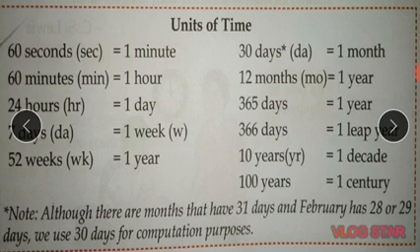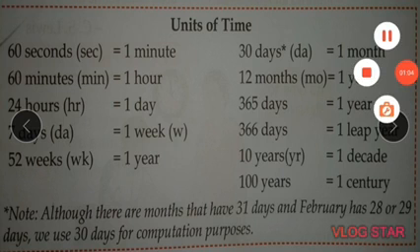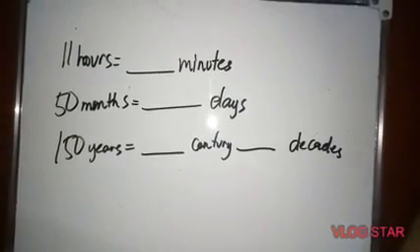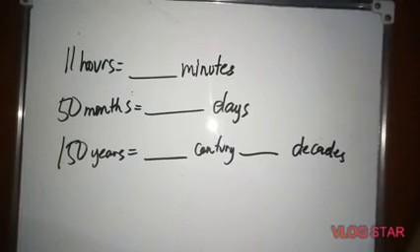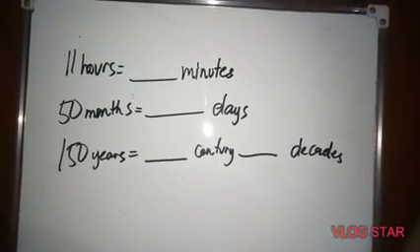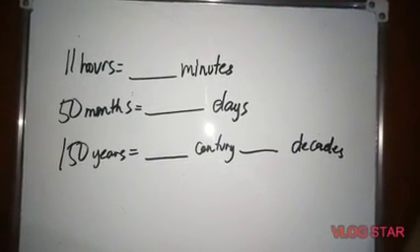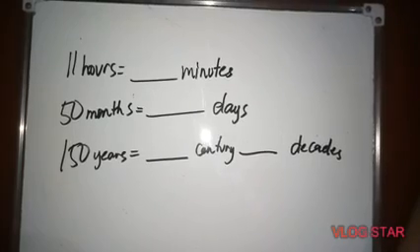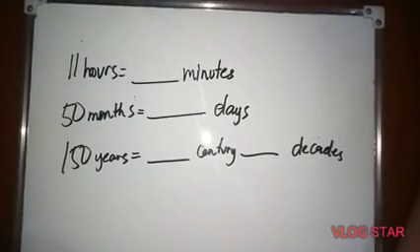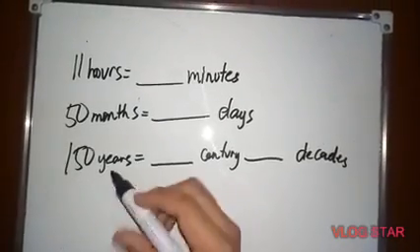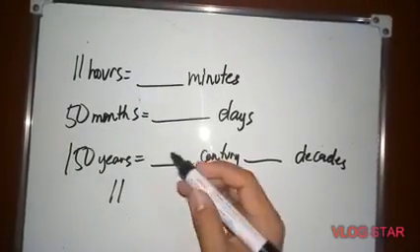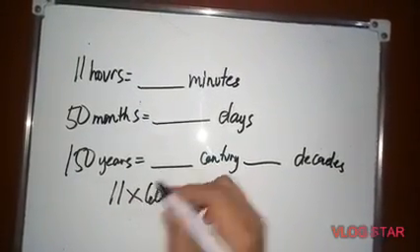So I will show you how to convert using units of time. The next example: we have 11 hours, and how many minutes are there in 11 hours? So in 1 hour there are 60 minutes. So just multiply 11 by 60.